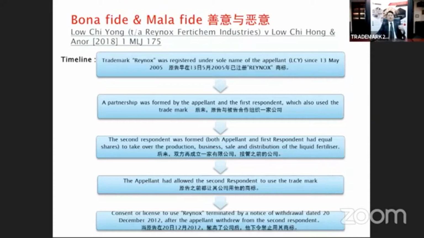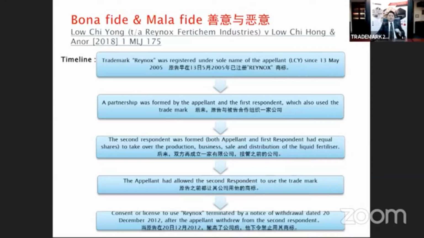Lo Chi Yong is the appellant in the Federal Court, all right? Let me just call him LCY, it's easier for you to understand. He registered this trademark, Renox, R-E-Y-N-O-X, in his own personal name since May 13, 2005. Please take note of the time frame here.